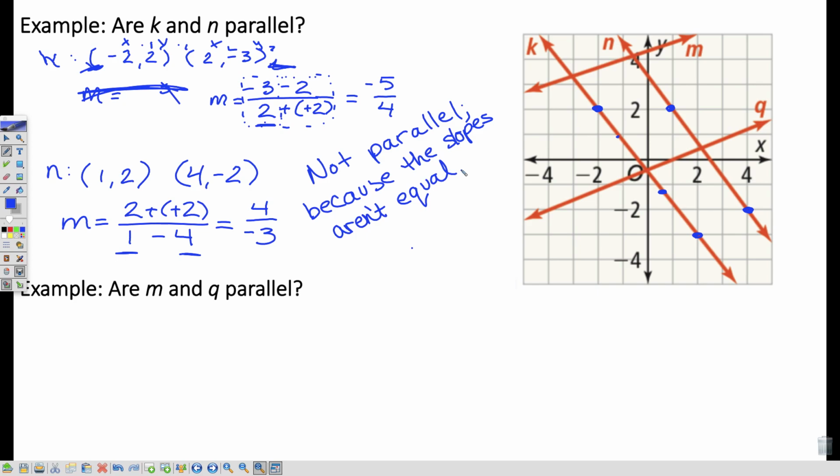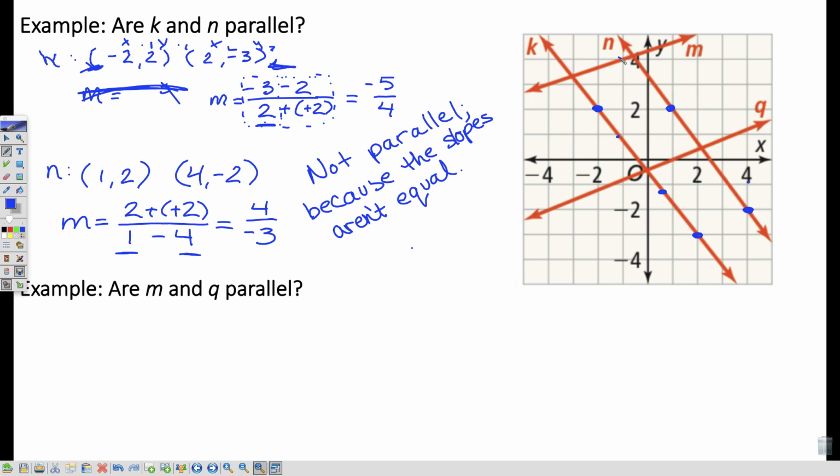So guess what I have to do? Find slopes for M and Q. So I need good points: 4, negative 1 for M. 4, negative 1 is down here. Negative 1, 4.